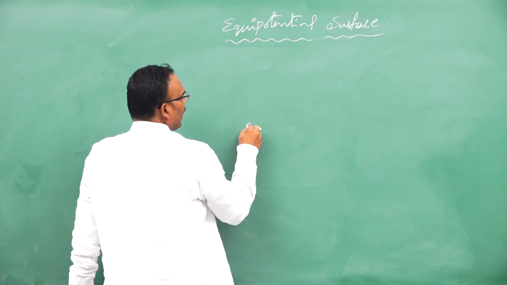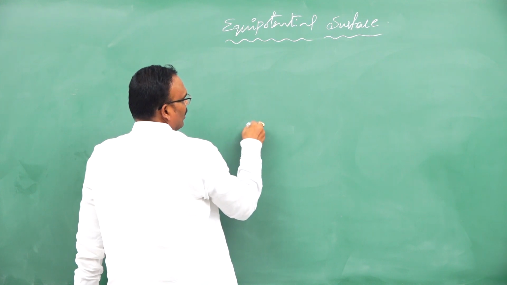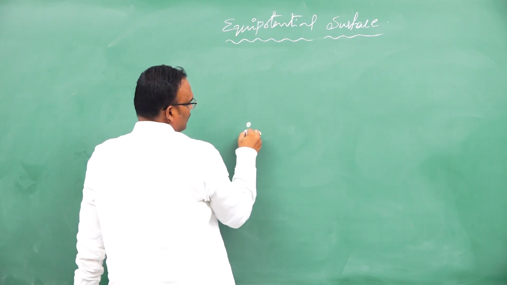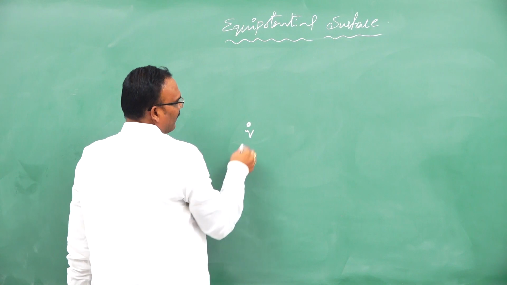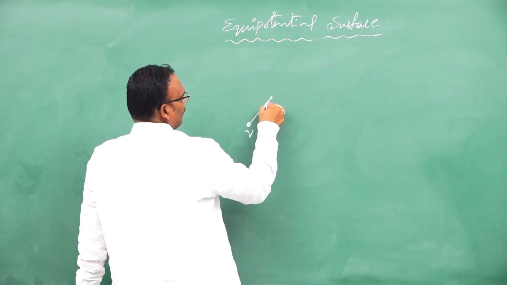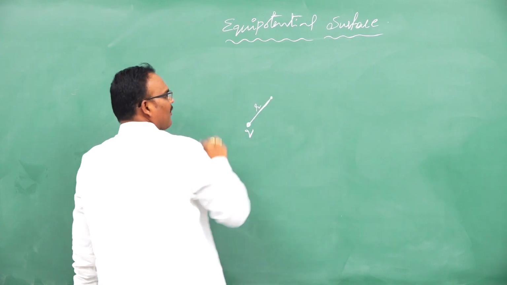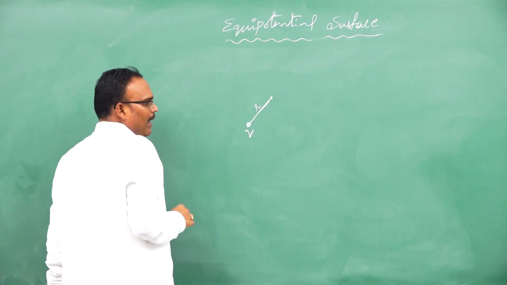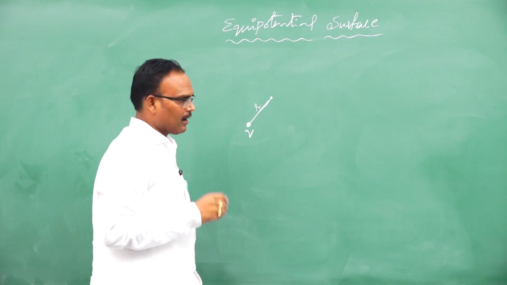Equipotential surface for a point charge we will see first. If you take a positive point charge plus q here, the potential at a point at a distance r from the charge, we know, is 1 by 4 pi epsilon naught q by r.